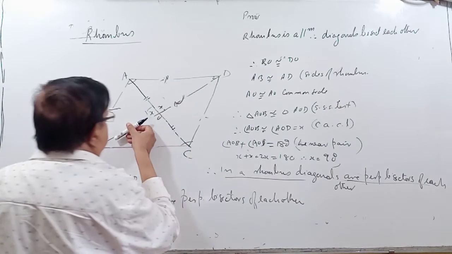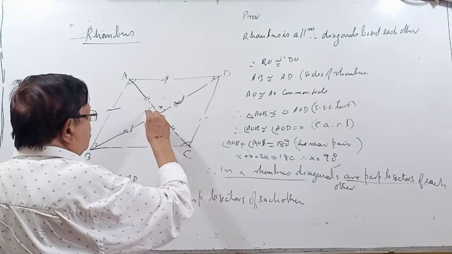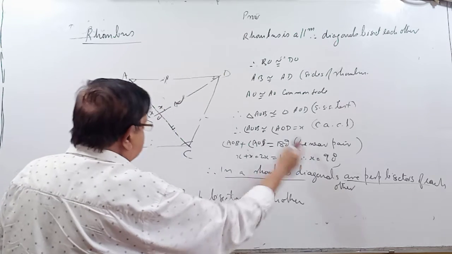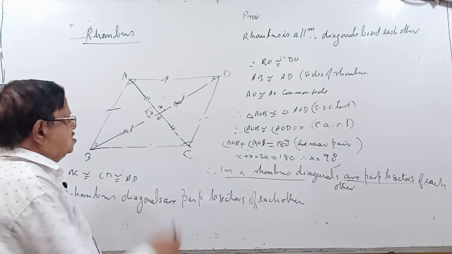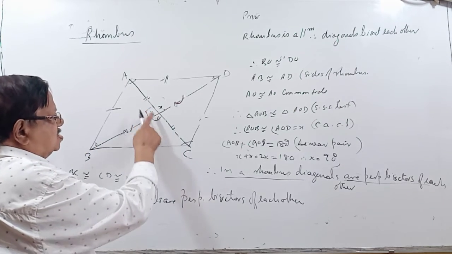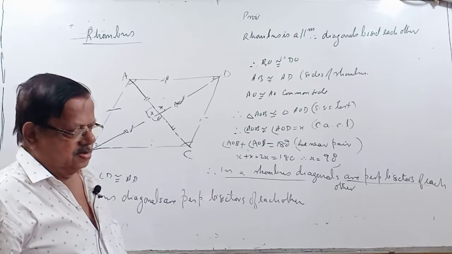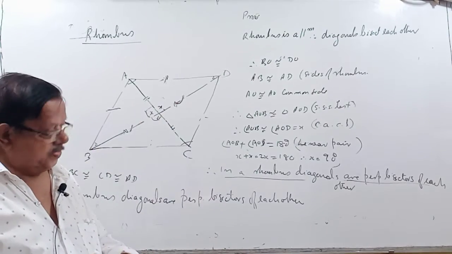Because this is congruent to this, they are bisectors. We have proved that this angle equals 90 degrees. So they are perpendicular as well as bisectors of each other. This is also 90 degrees. If one angle is 90 degrees, all angles are 90 degrees. So we have proved that.